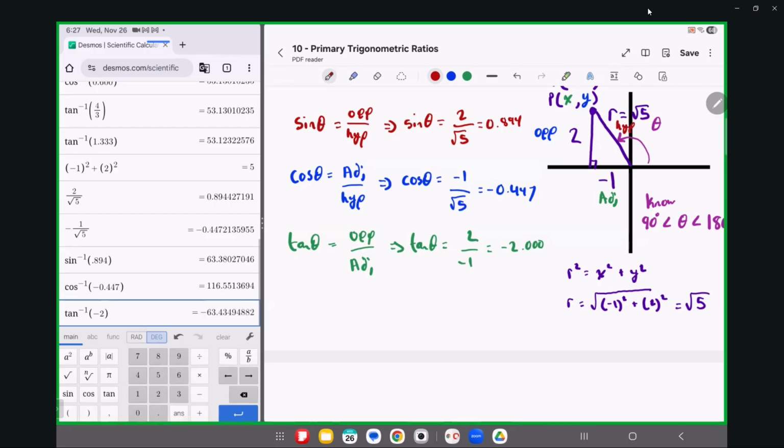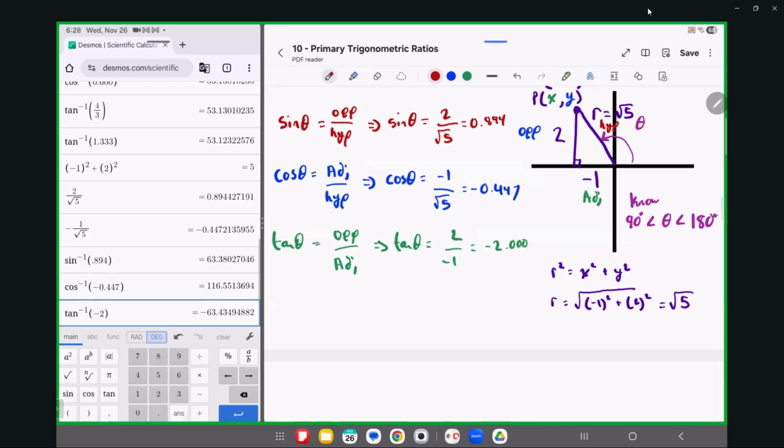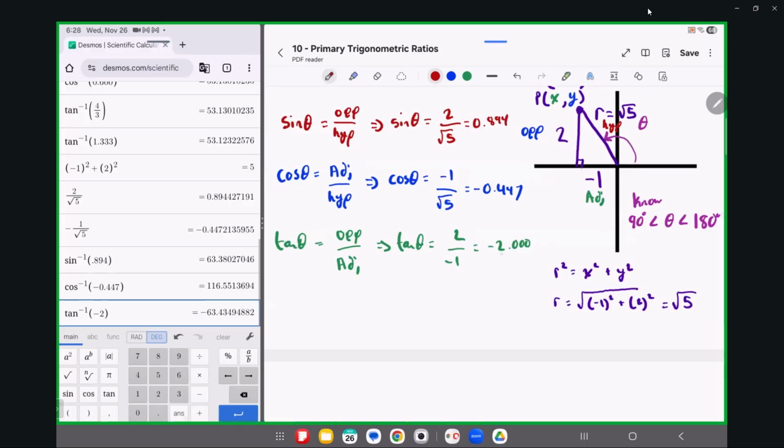And this is the interesting part. If you notice, we appear to have some concern here, because when we tried to do the inverse sine, we ended up getting 63.38. So we got about 63.4 degrees. When we did inverse cosine, we got 116. That appears to be legitimate because our answer has to be between 90 and 180. And when we tried to do tan, we got a negative answer of all things.